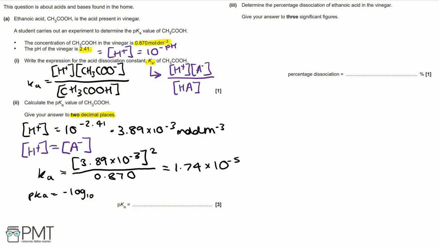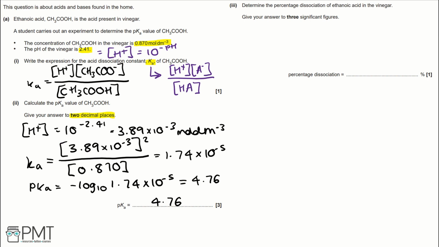So negative log 10 of 1.74 times 10 to the negative 5 equals our pKa value of 4.76, which we write on the answer line. Just briefly explaining where this equation for pKa comes from: when working out pH, you do negative log 10 of H+, so pKa would be negative log 10 of Ka.